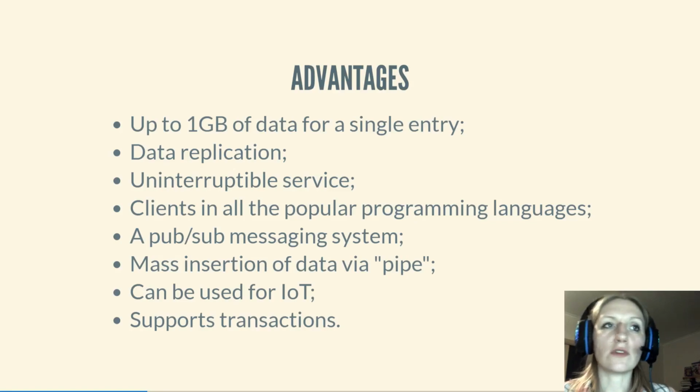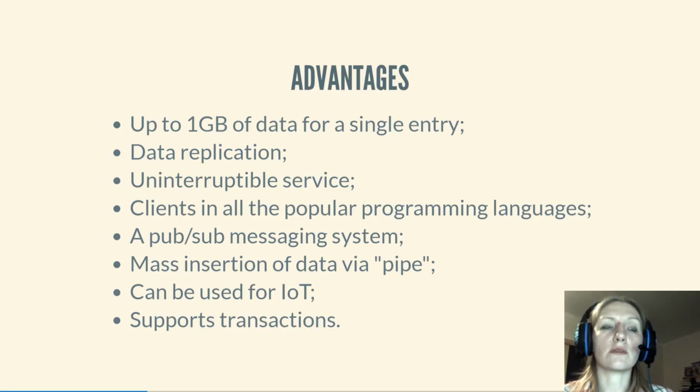It offers you uninterruptible service due to very good replication, and data replication means that master node is updated and at the same time slaves are updated, or you can use, not automatically, later asynchronous update too. Redis has lots of clients in most popular languages.